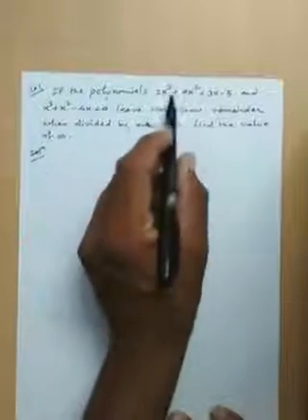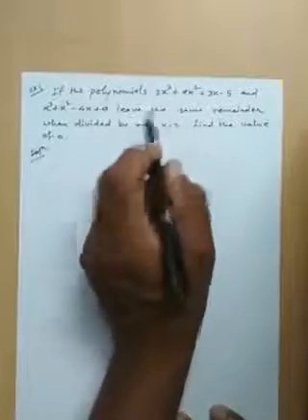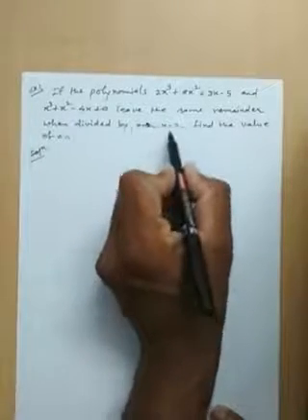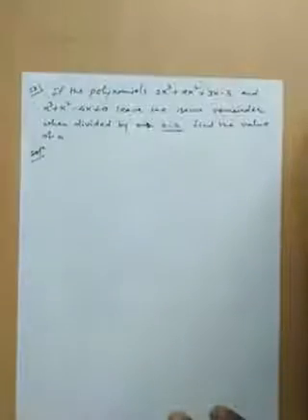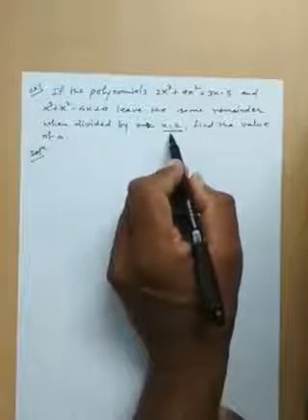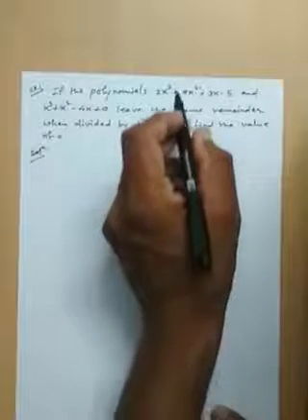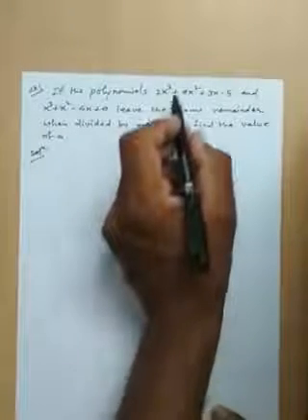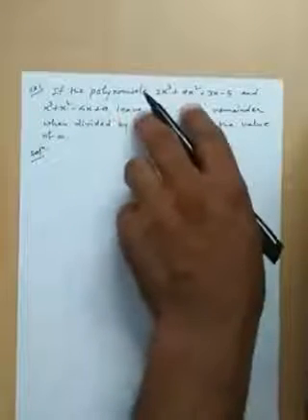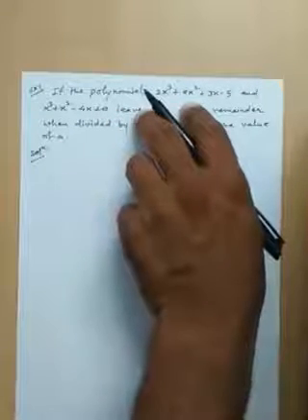Here there are two polynomials in place of p(x), and p(x) is divided by x minus a, which is a linear polynomial. So first of all find the zero of this polynomial, and then put the value of x in both polynomials. Then we will get the remainder, and here the remainder is the same.